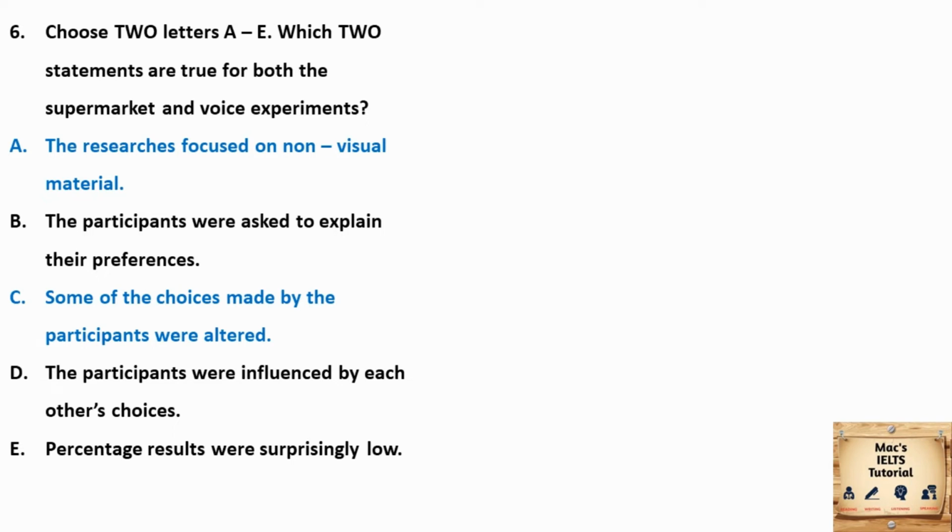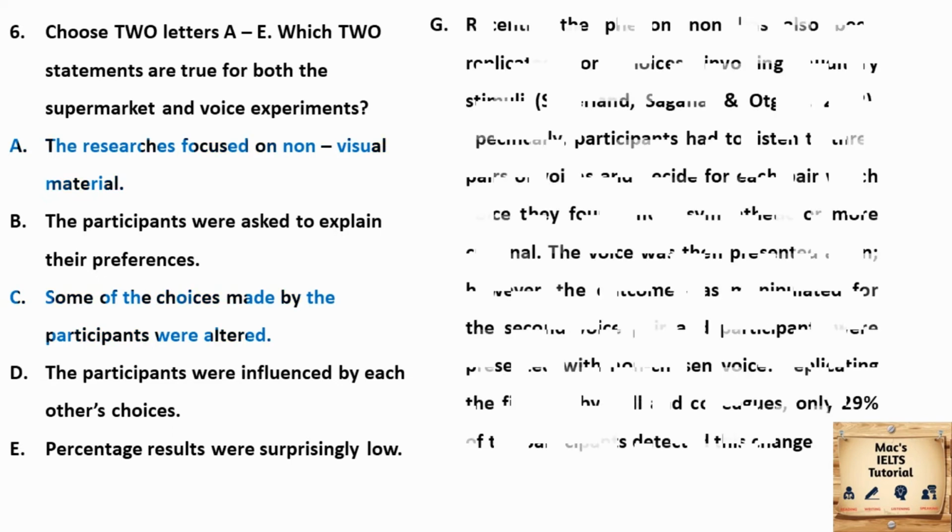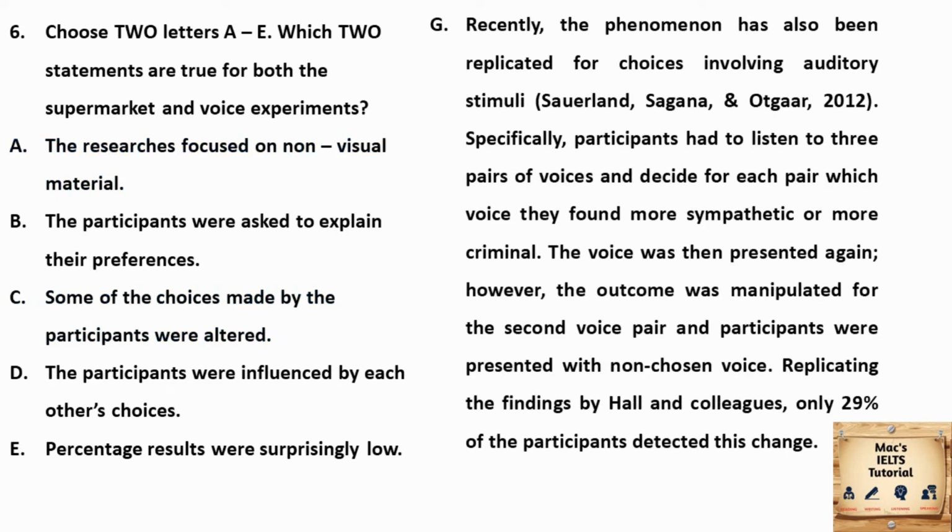Now, we shall move on to the next para that talks about the voice experiment. That is para G. We will have to repeat the same process again, that is going through feature by feature. As we all know, feature A is that the researchers focused on non visual material.